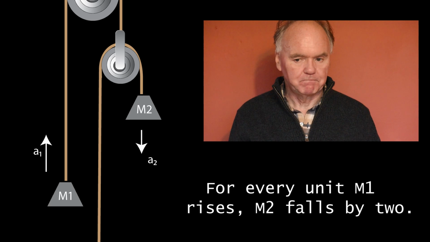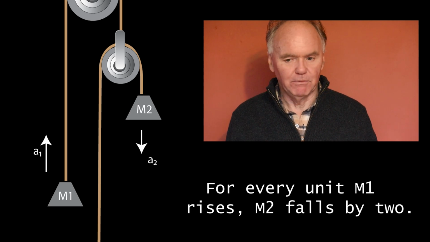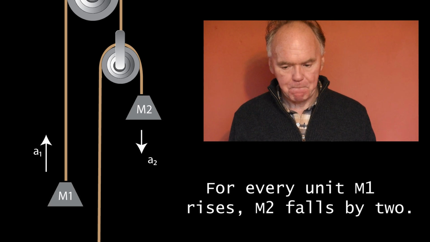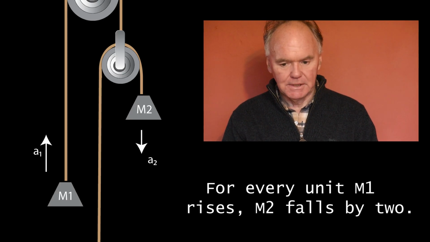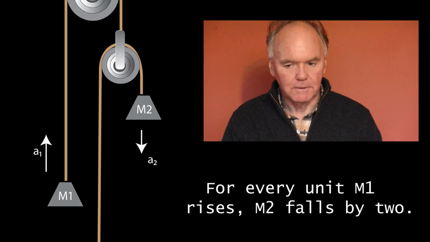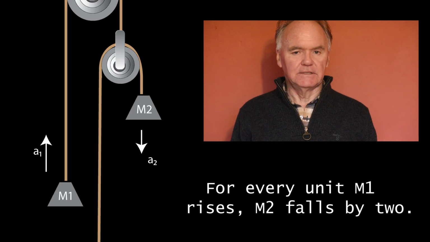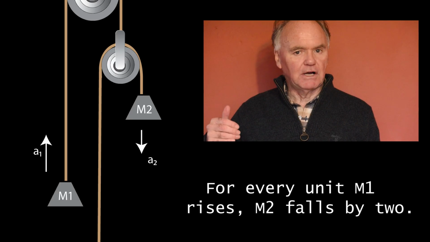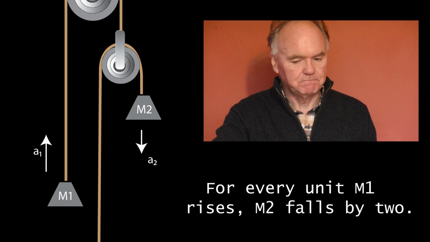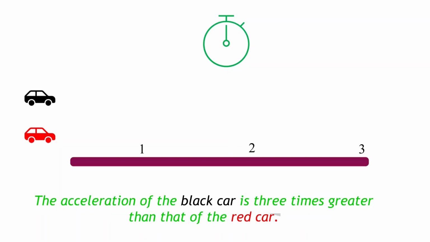Well, why would that be? Well, imagine you've got two cars, for example, and they both start at the same spot, and they both accelerate uniformly. Car A travels a certain distance, but car B travels, say, 3 times as much. If car B is travelling 3 times as much in the same time, it's got 3 times the average speed.